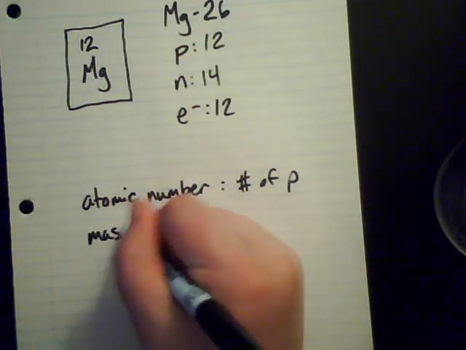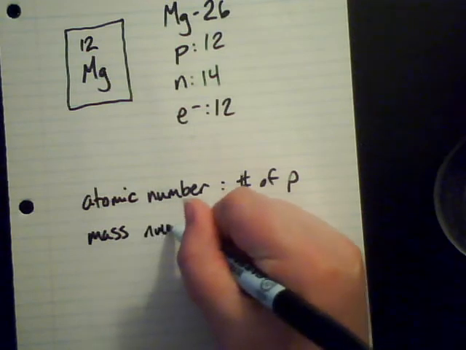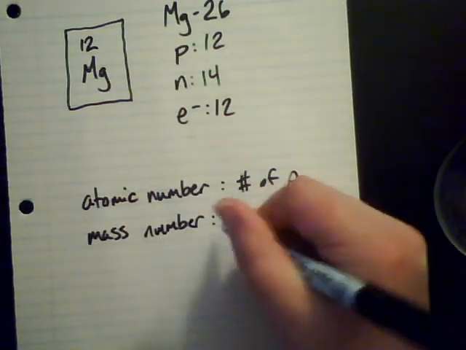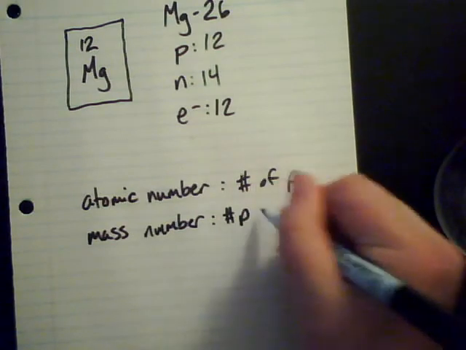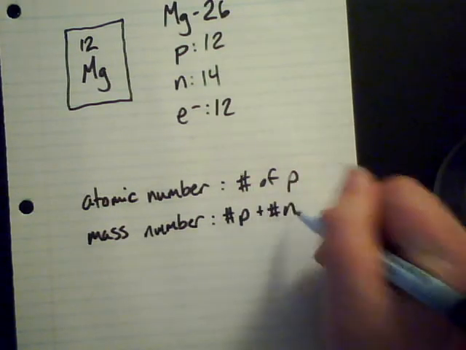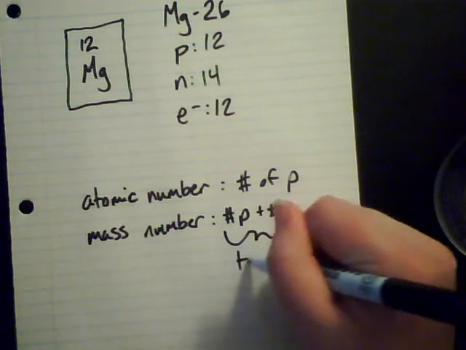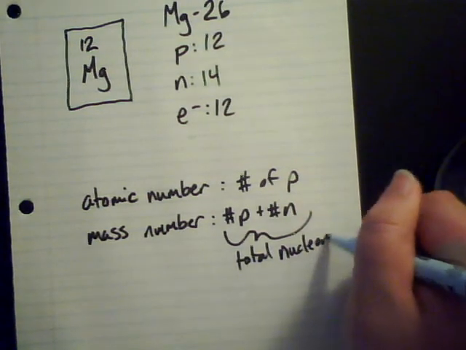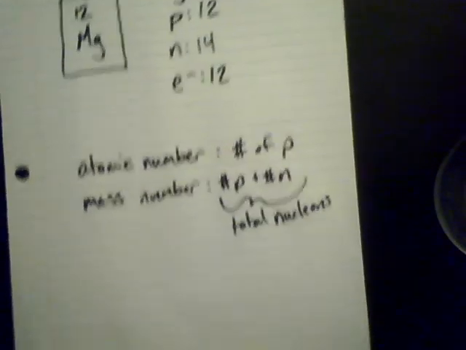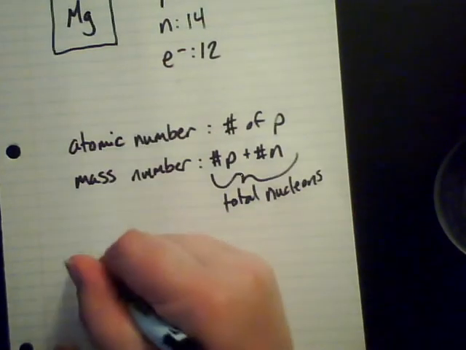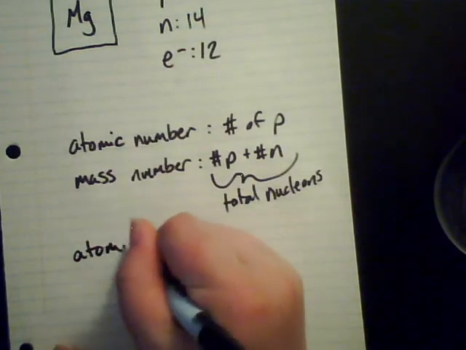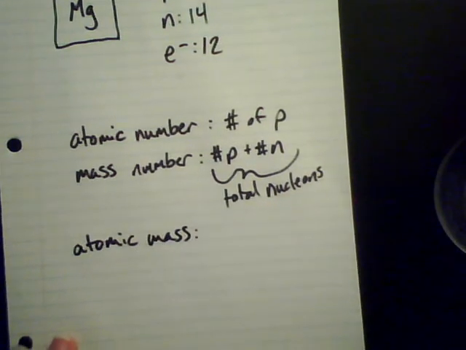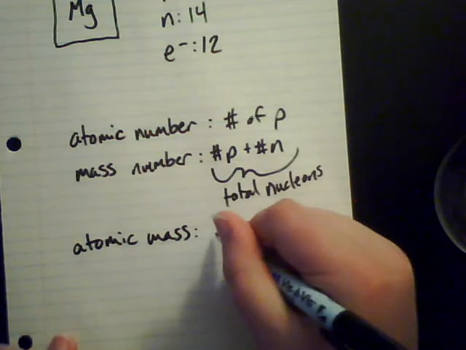There's mass number, and the mass number is the total number of nucleons, so it's the number of protons plus the number of neutrons. And this is not to be confused with atomic mass, which kind of looks like both of them. The atomic mass, remember, is the mass of one atom in atomic mass units.